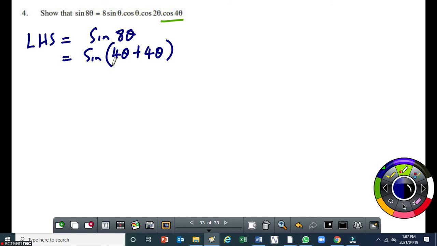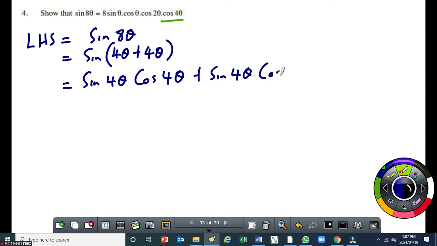Following that, this becomes sine 4 theta times cos 4 theta, plus sine 4 theta times cos 4 theta.